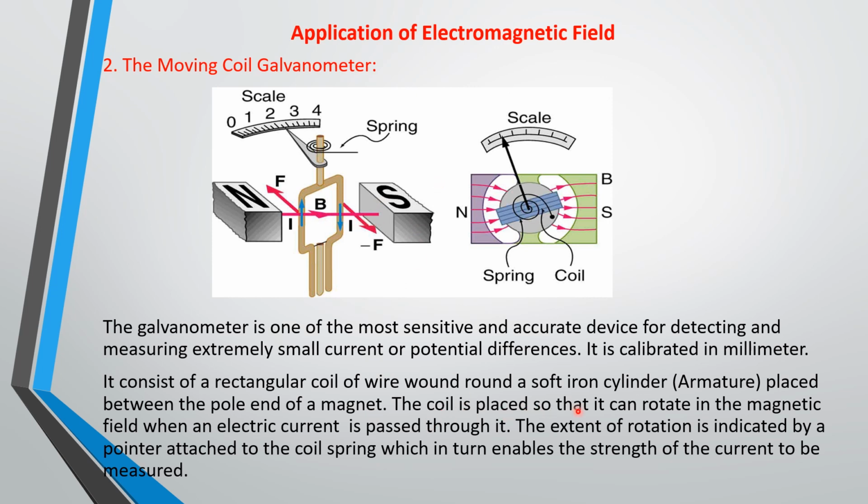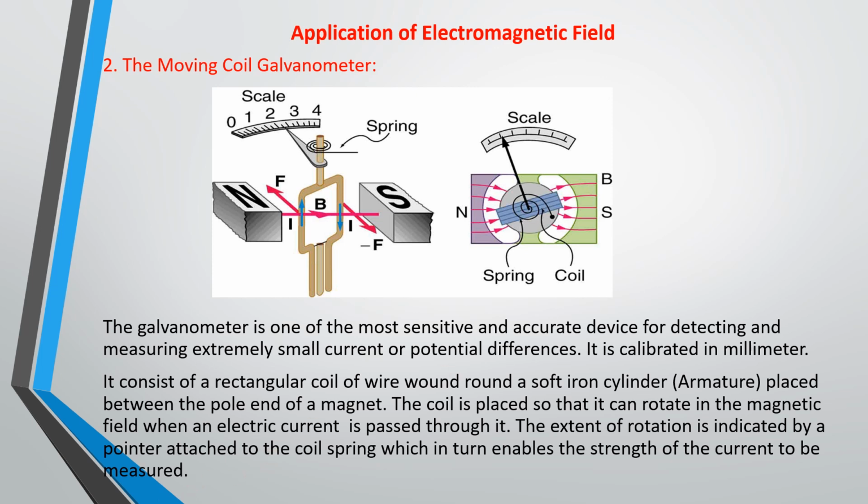The coil is placed so that it can rotate in the magnetic field when an electric current is passed through it. That is exactly what we discussed in the electric motor. The extent of rotation is indicated by a pointer attached to the coil spring, which in turn enables the strength of the current to be measured.